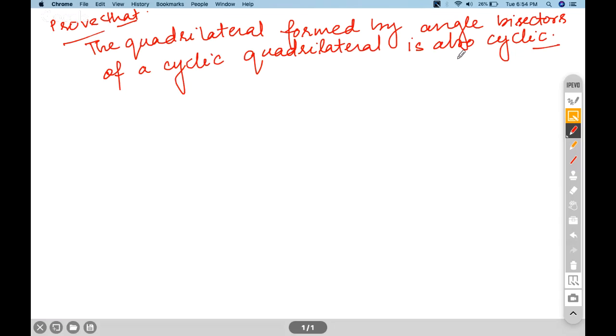Okay, three people have written that they have done. Okay, Varsha will solve it, don't worry.